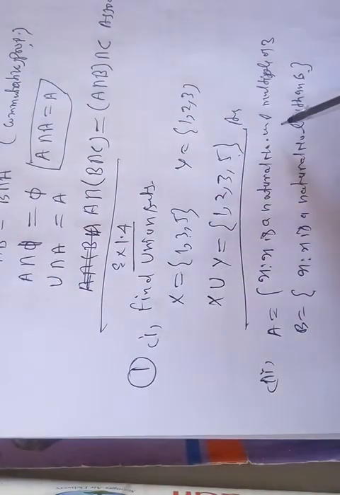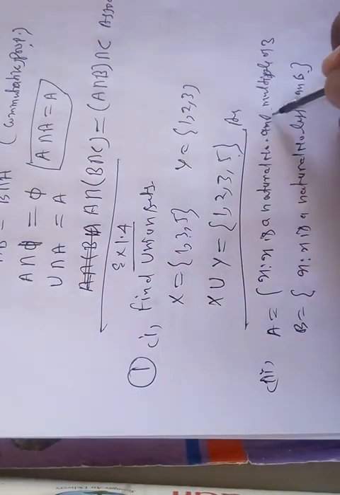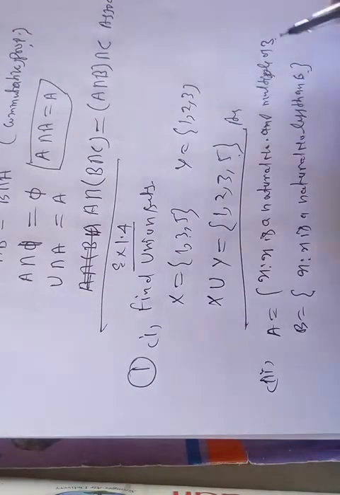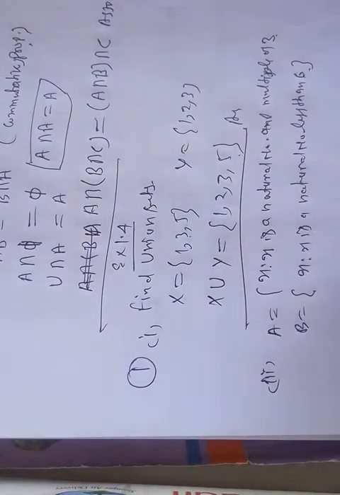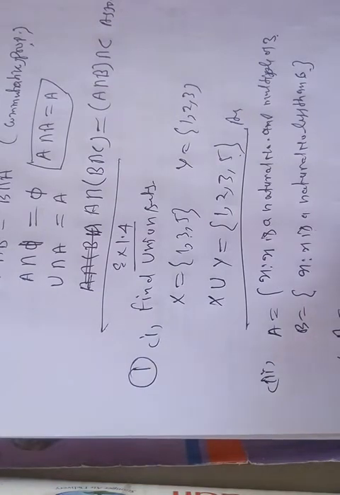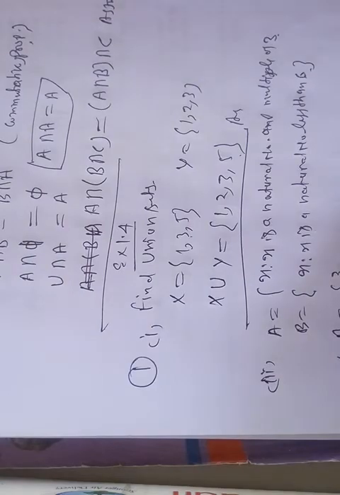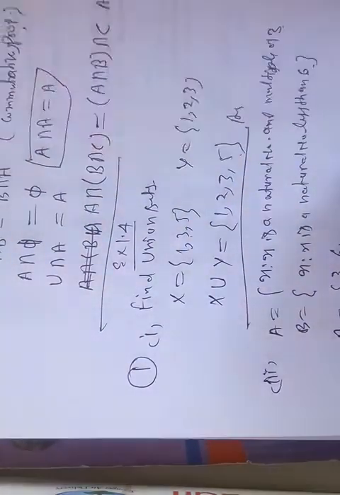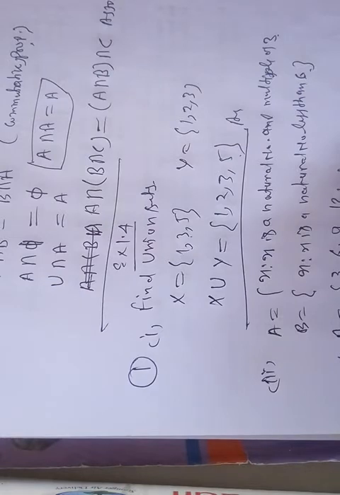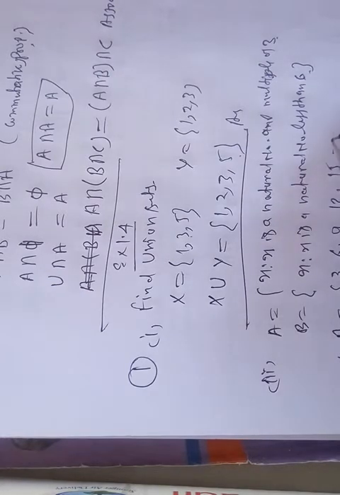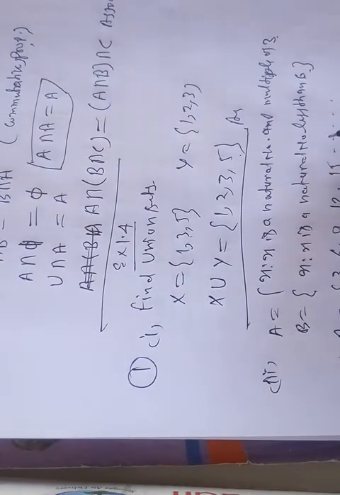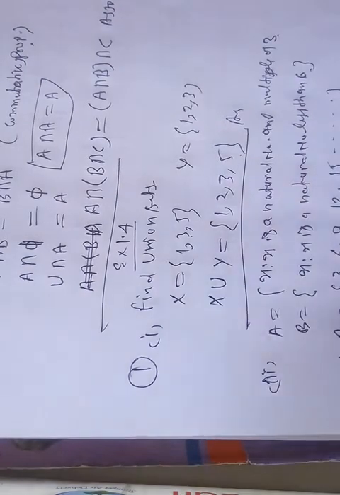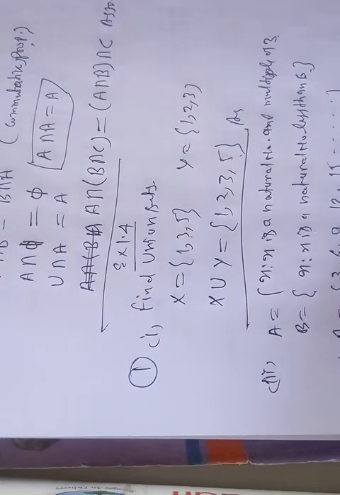Writing A in roster form: multiples of 3 are 3, 6, 9, 12, 15, and so on. B is all natural numbers less than 6, so 1, 2, 3, 4, 5.